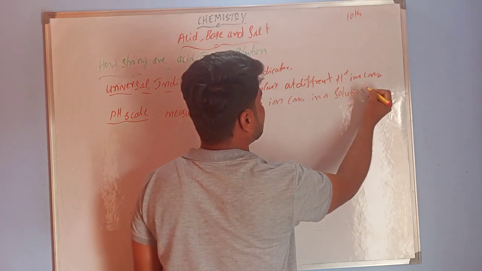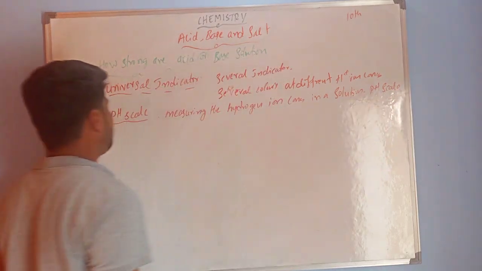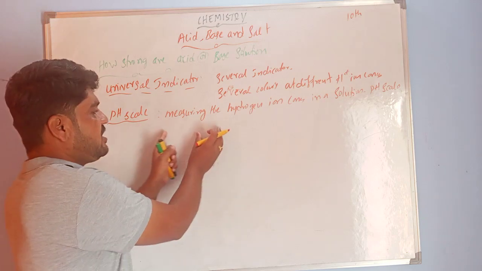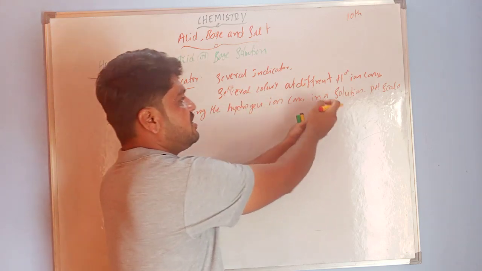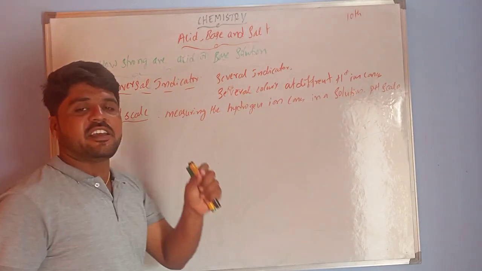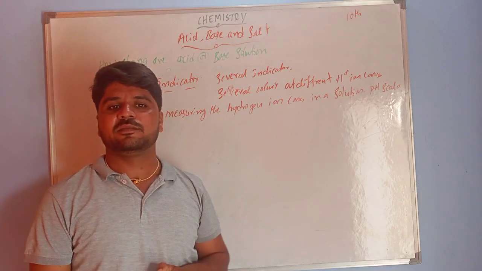This is the pH scale. Right now, this is very very important. The pH scale means measuring the hydrogen ion concentration in a solution. This pH scale we consider as universal indicator.